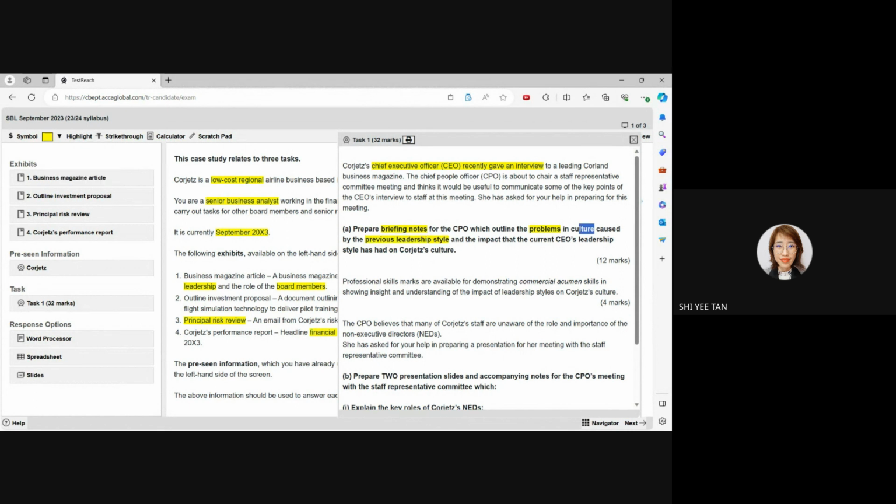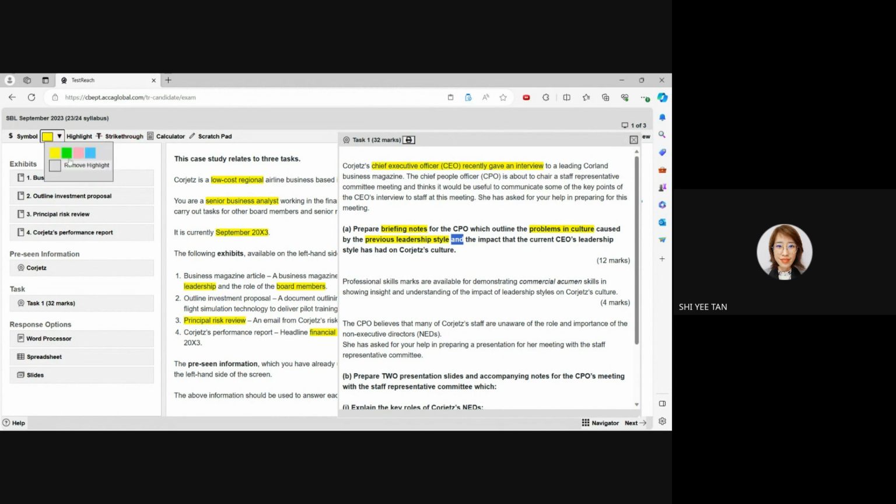What does it mean by that? It means previous leadership style bring what problem to the culture of the company. That's the meaning. Okay, not yet end.